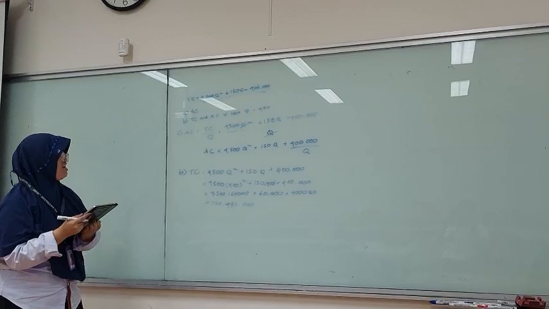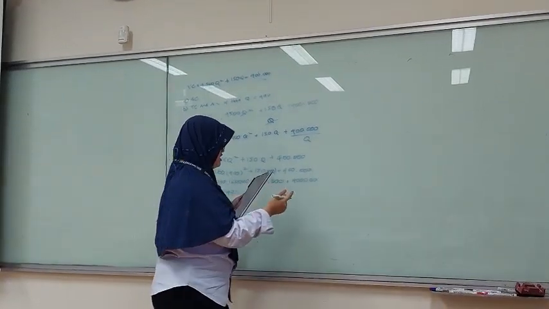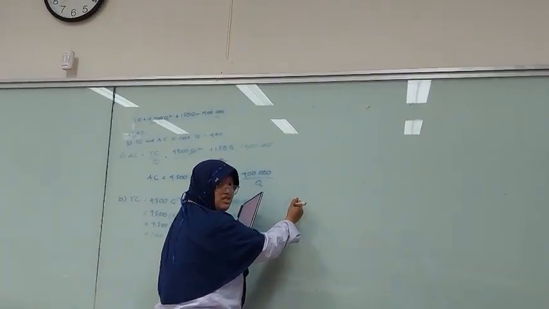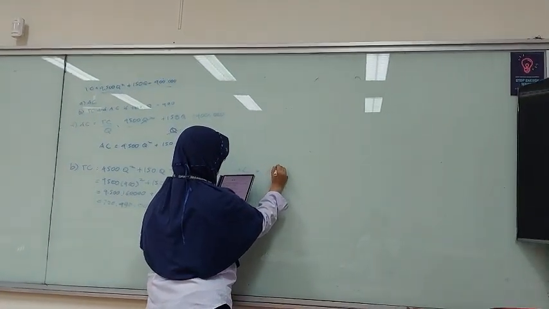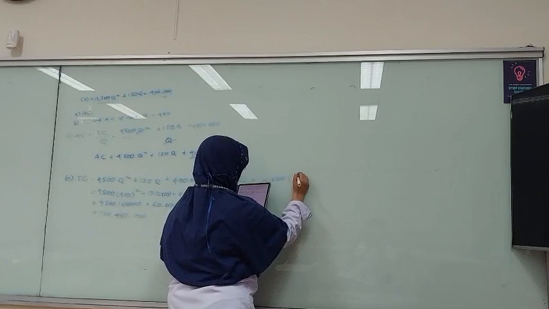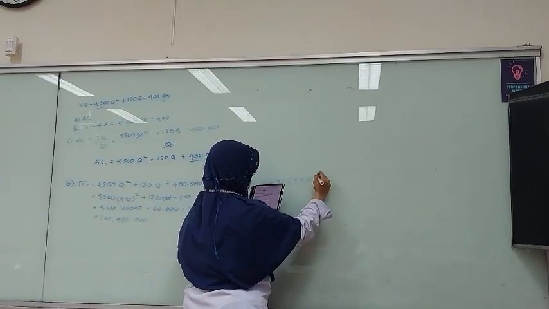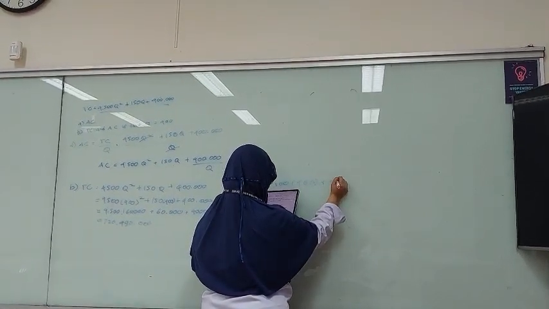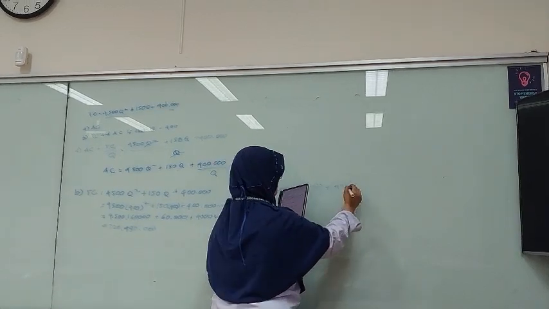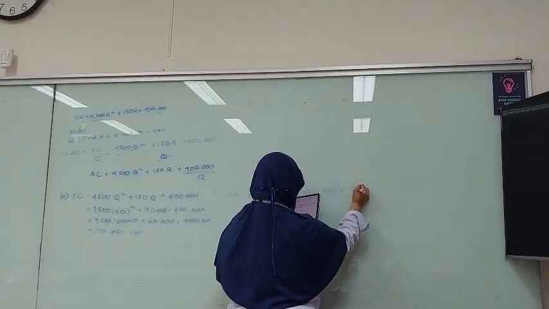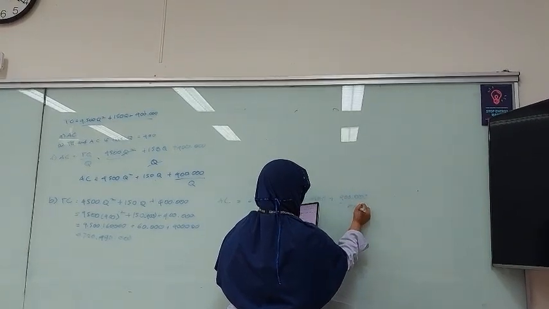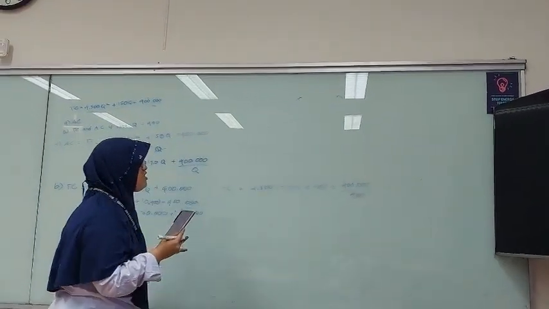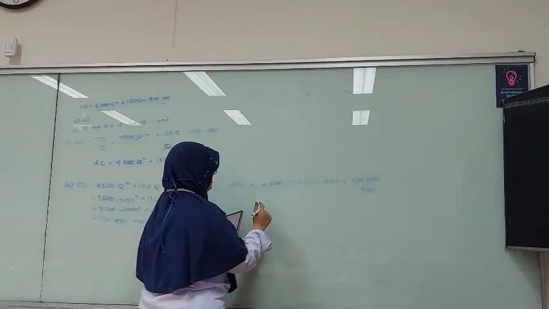And for the AC, it's about 4,050, 100 plus 400 plus 400,000 divided by 400.